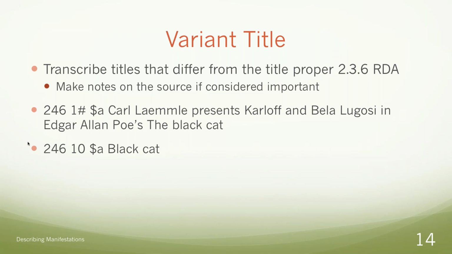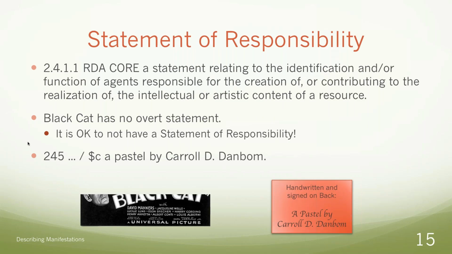All of that information is completely fine for a variant title. And of course, we also want to have a 246 for just Black Cat, so that we can get it by the title without the preamble and the names. So whatever variant titles make the most sense, that's what you want to do.